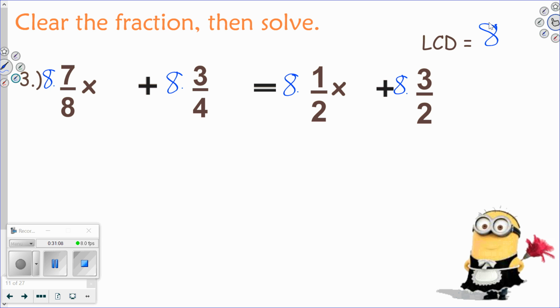Eight divided by 8 is 1 times 7. We get 7x. 8 divided by 4 times 3. 8 divided by 2 times 1, 4x. 8 divided by 2 times 3.